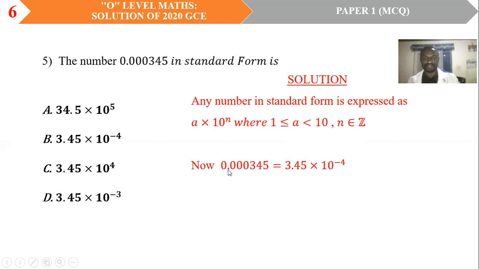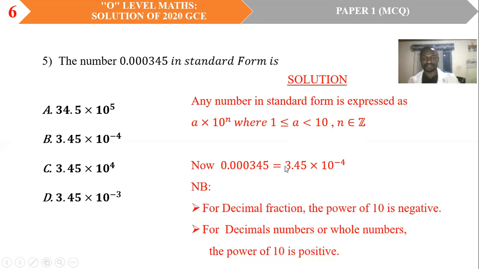So we start from the decimal point and we move to our right, counting 1, 2, 3, 4, until we get to the first non-zero digit, which is 3. So before I get to 3, I have counted 4. Therefore, the number that remains is 3.45 times 10 to the -4.